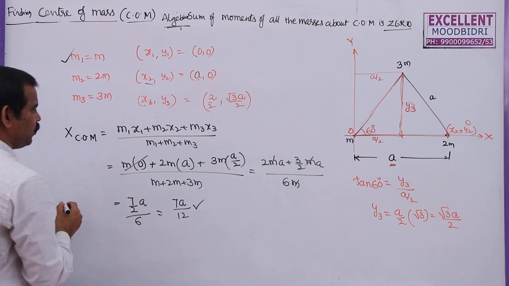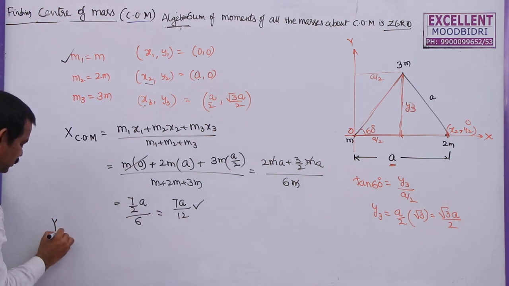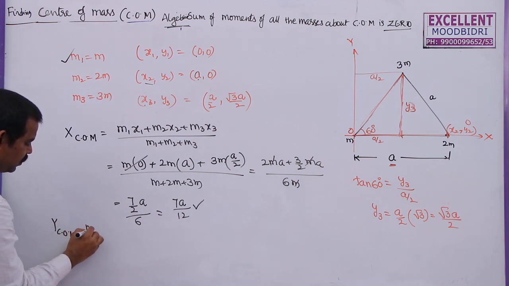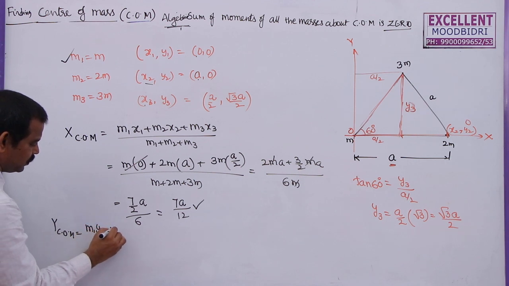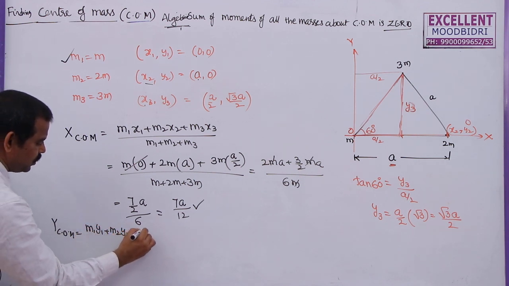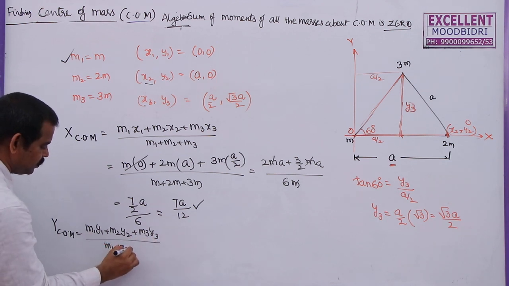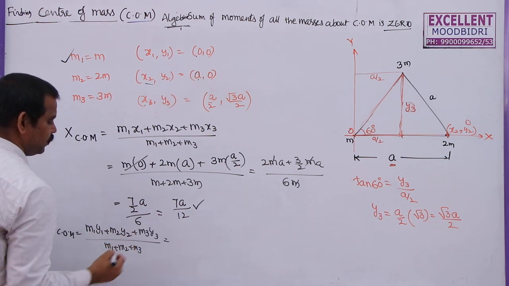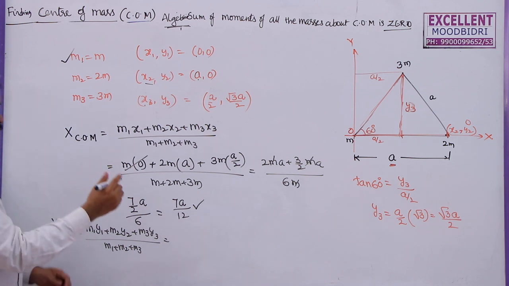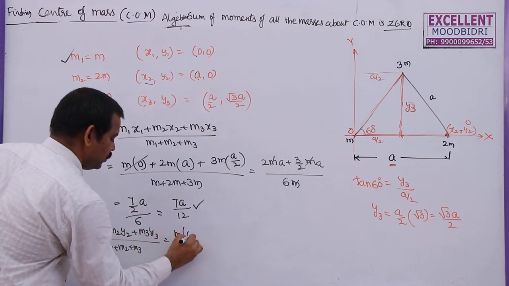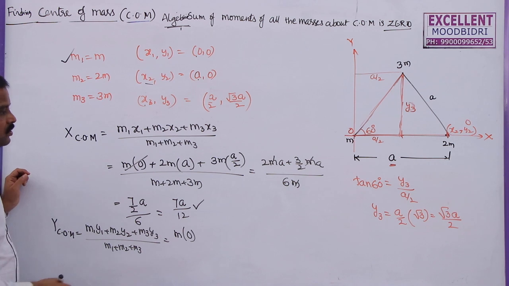Now what is YCM? To find YCM, we have to use the same formula, m1 y1 plus m2 y2 plus m3 y3 by m1 plus m2 plus m3. Now let me substitute the values here. M into y is 0 for the first one because it is at the origin.